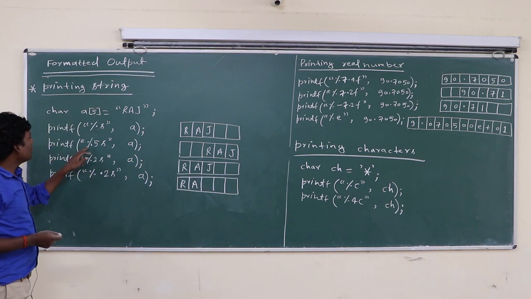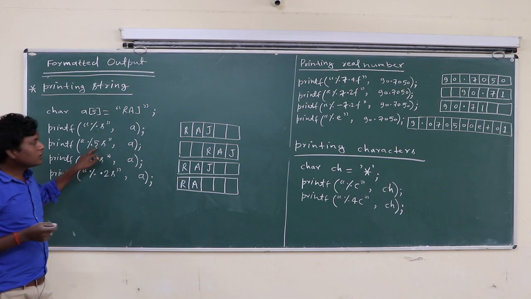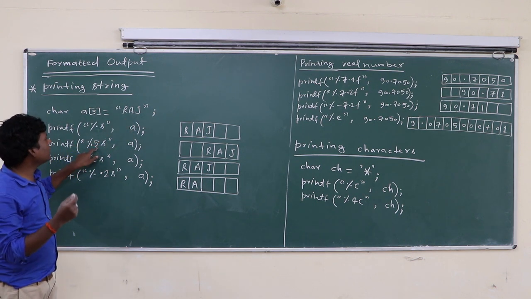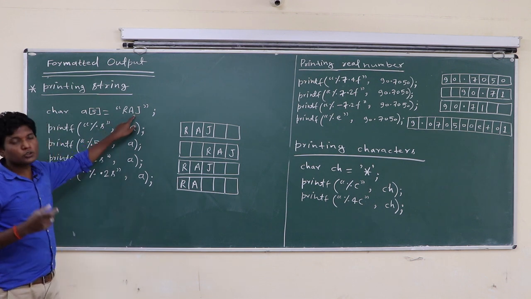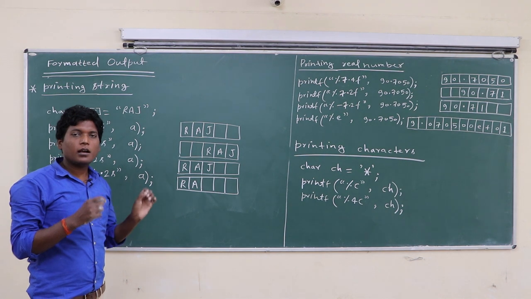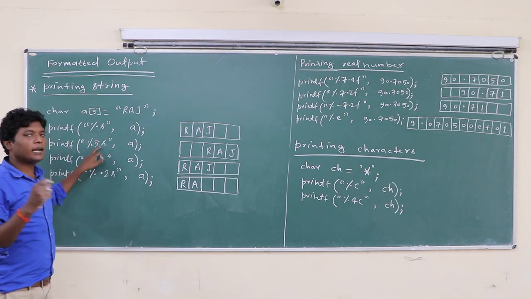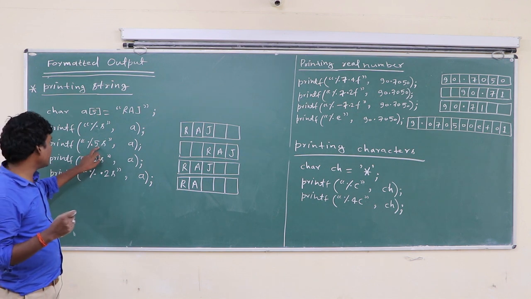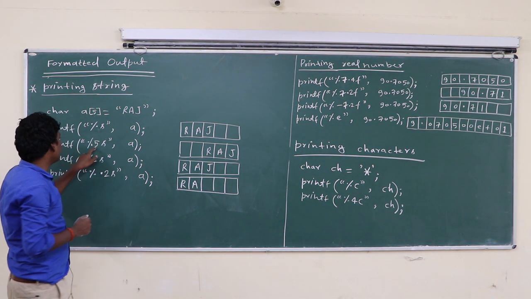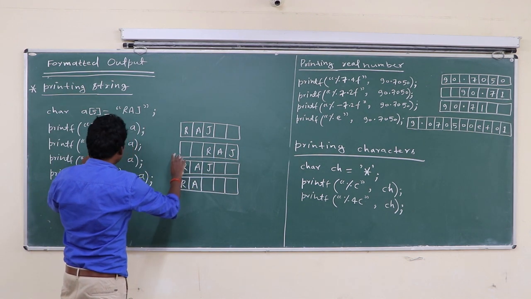Here is a %5s. 5 is the field width. Raj has 3 characters, so the field width is greater than the number of characters. So B can justify or B can format that string. There is a possibility here because the field width is greater than the number of characters. So here is 5 and the array size is also 5.